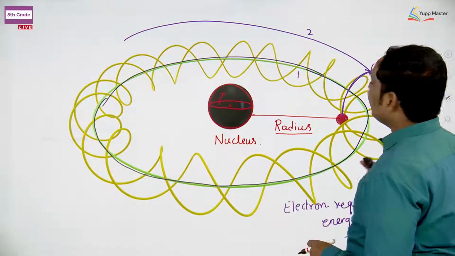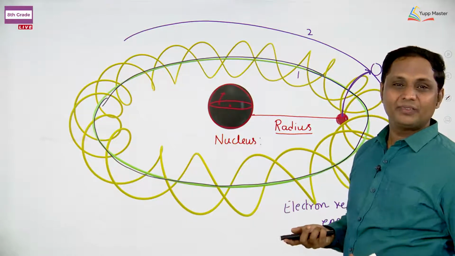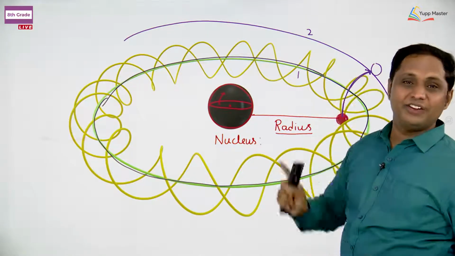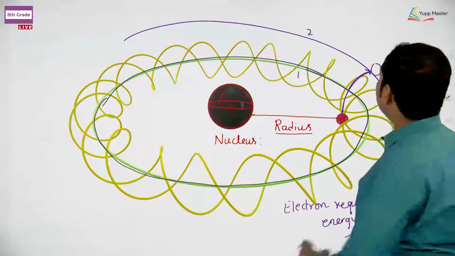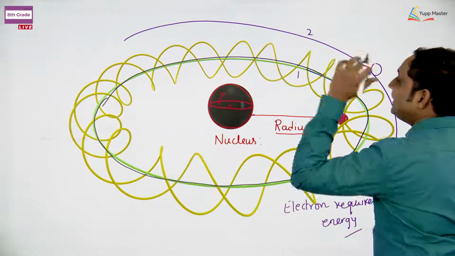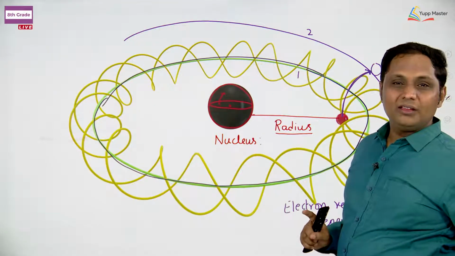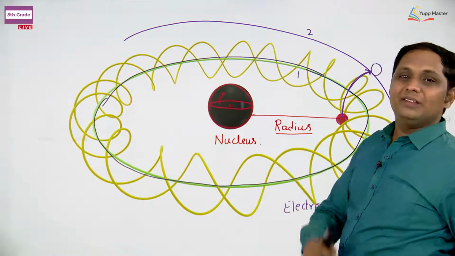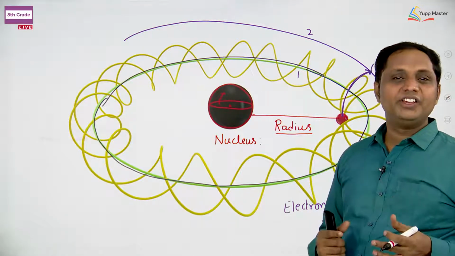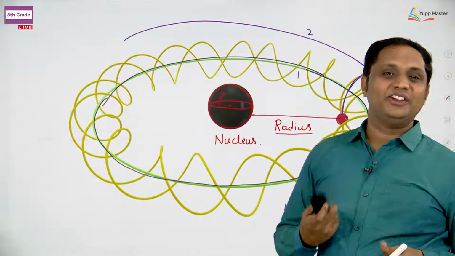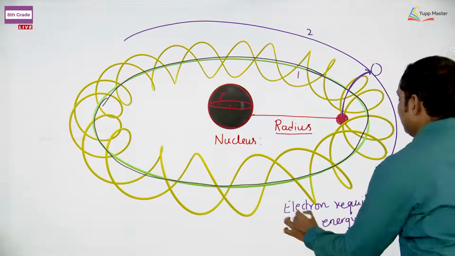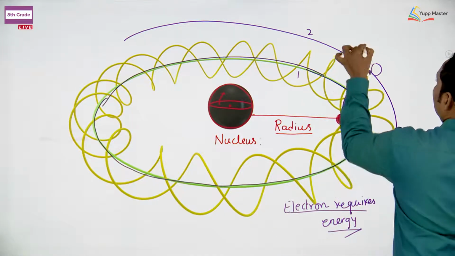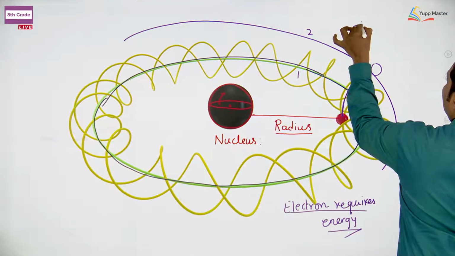So there exists an emission of energy, there exists an absorption of energy. In order to maintain the stability in its orbit, sometimes it loses its energy, sometimes it gains energy. So the energy gained by the electron is measured in electron volt.